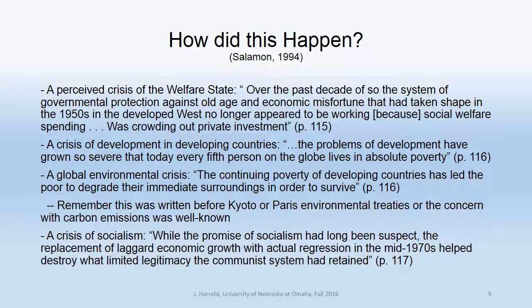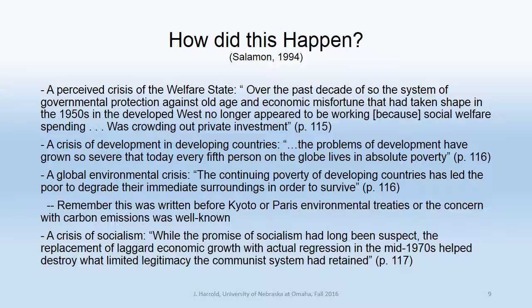And then he identifies what he calls a crisis of socialism. Again, we talked about this as a contextual thing. Fukuyama talking about the end of history. And so Salomon says, while the promise of socialism had long been suspect, the replacement of laggard economic growth with actual regression in the mid-1970s helped destroy what limited legitimacy the communist system had retained.